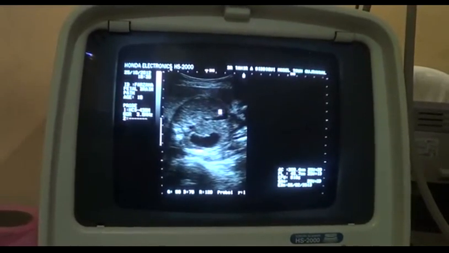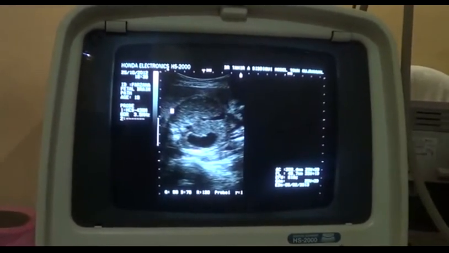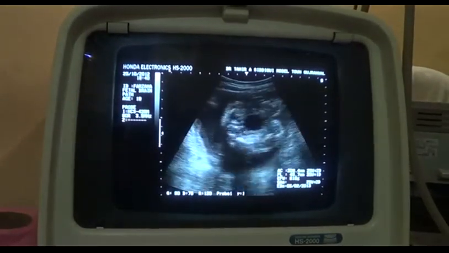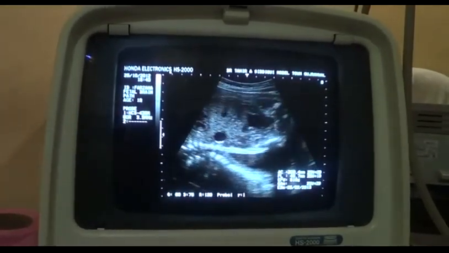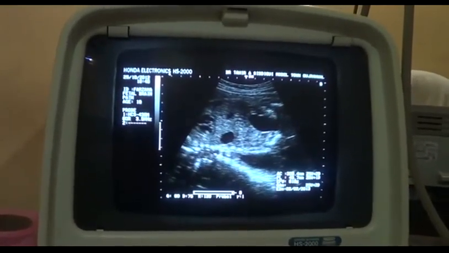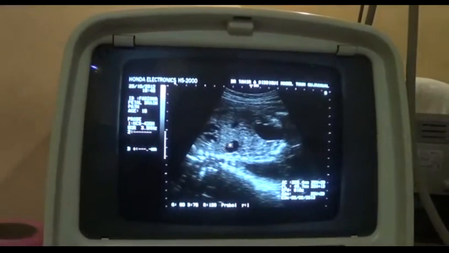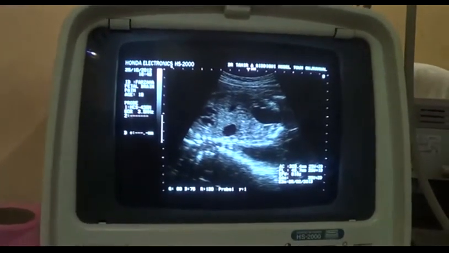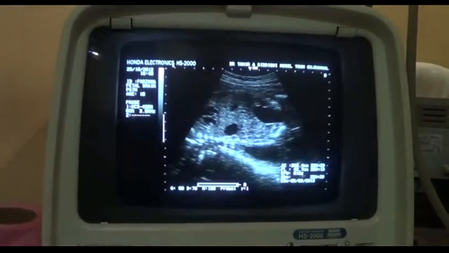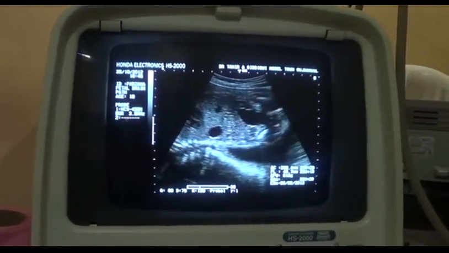There is no anomaly seen with the anterior wall. This is the stomach bubble, this is the urinary bladder, and this is the heart, which you can see pulsating in the chest.